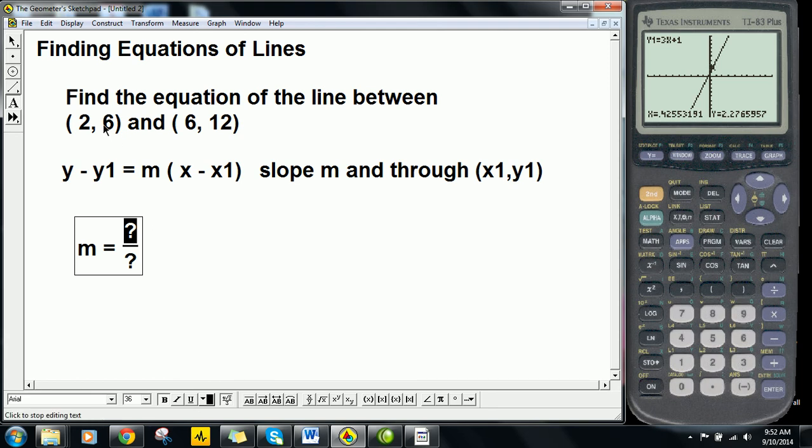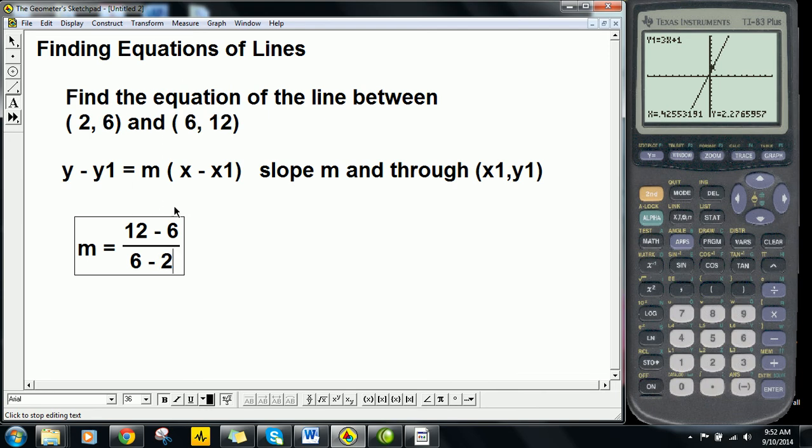So it's really change of y. It's 12 minus 6, change of y, over, and since I started with the y value of 12 on top, I have to start with the x value 6 on the bottom, over 6 minus 2.